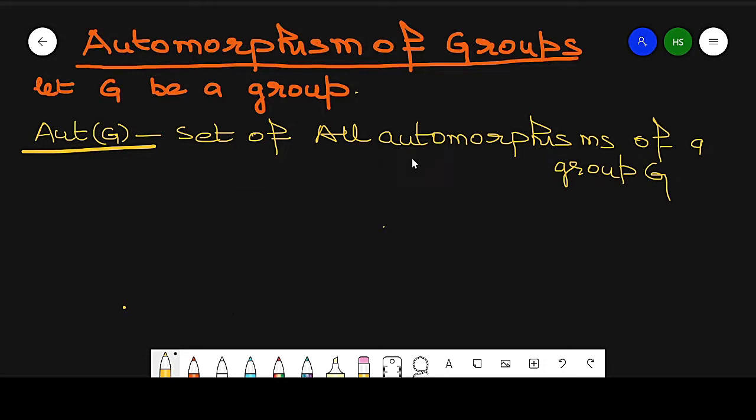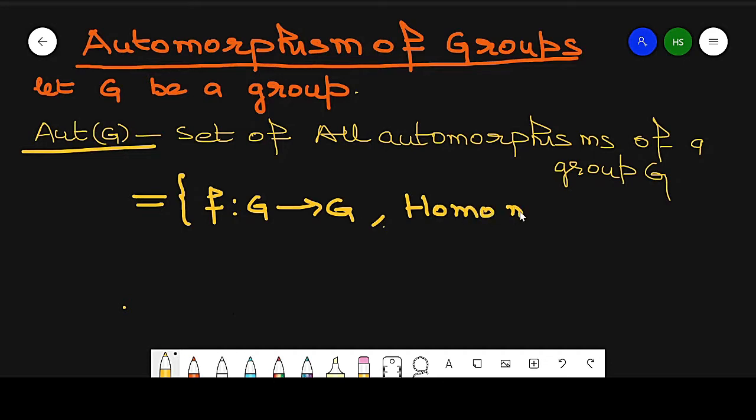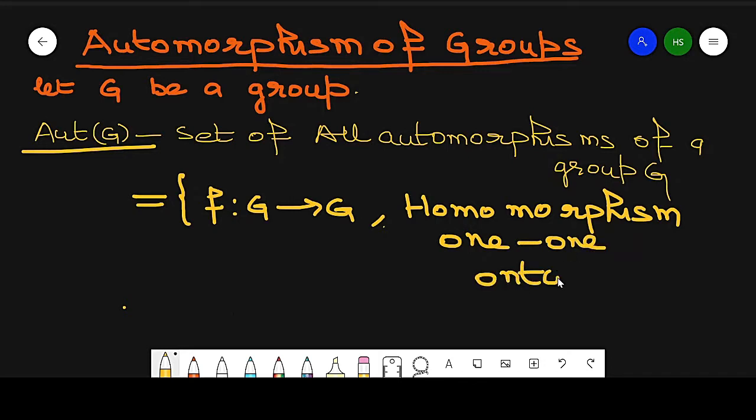It is the set of all maps F from group G to G which are homomorphisms, one-one and onto. Such a map is called an automorphism, and we get the set of automorphisms.